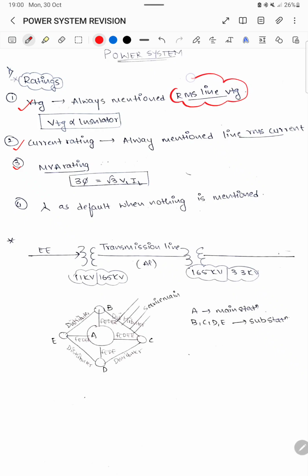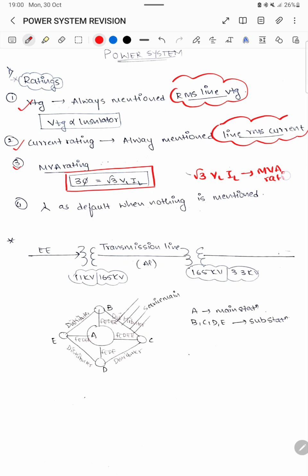Voltage and current in the ratings will be line RMS voltage and line RMS current. And coming to MVA rating, it is the 3-phase MVA rating, the value of √3 VL IL.